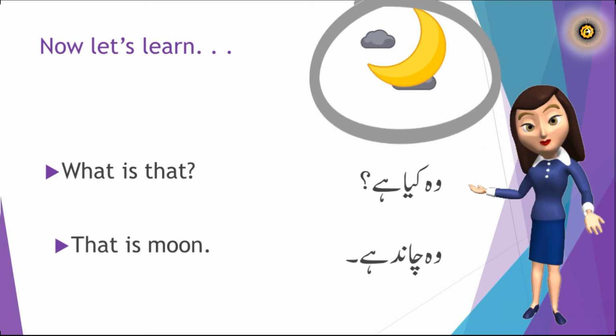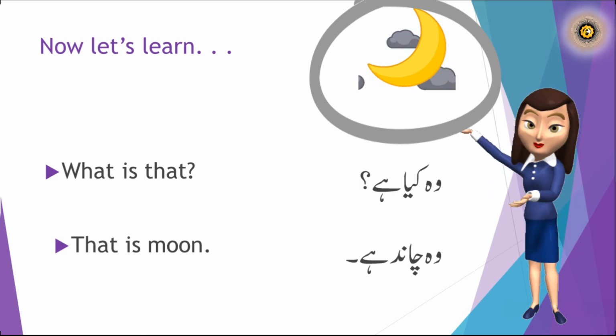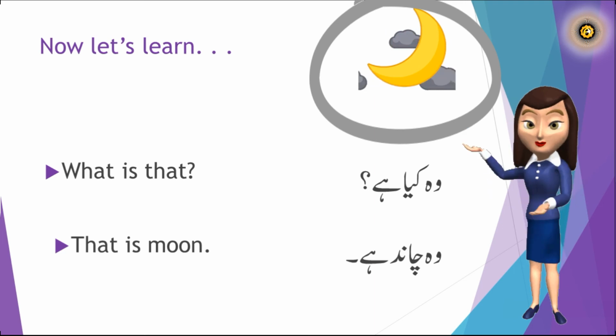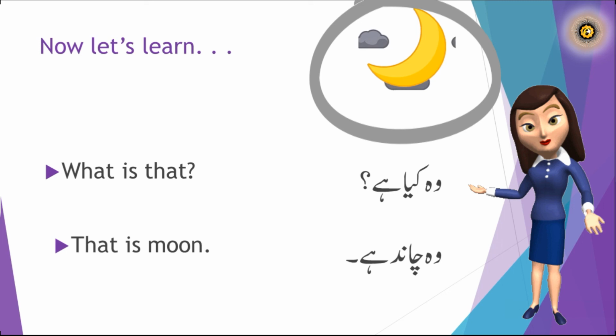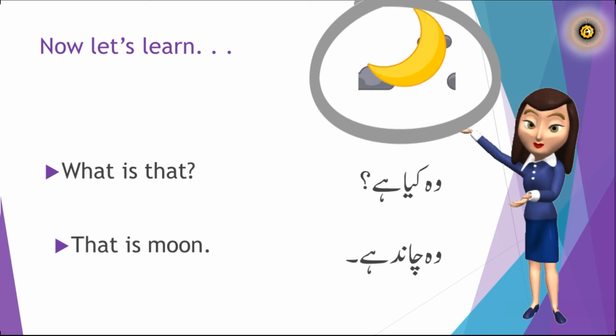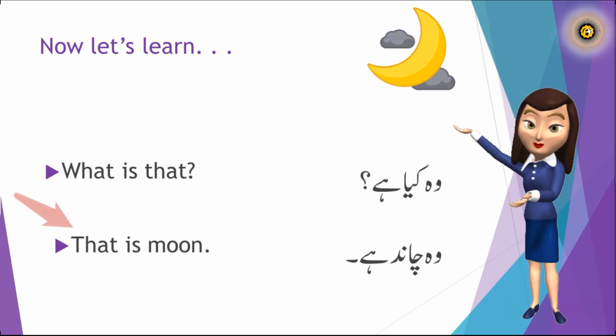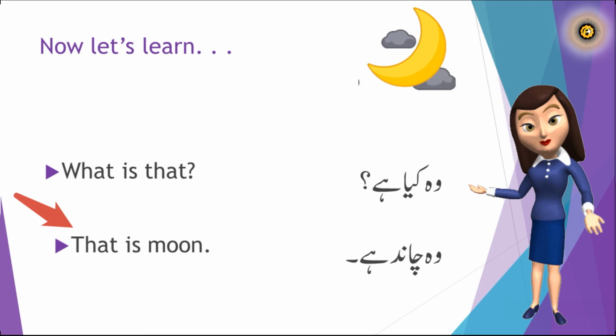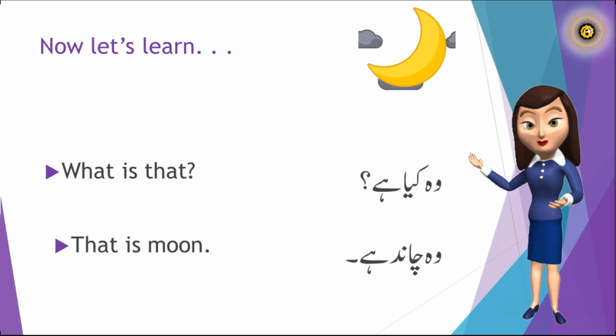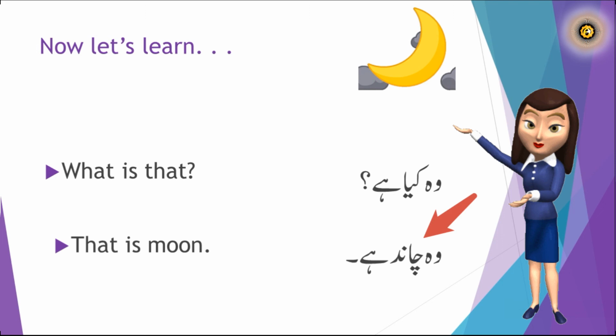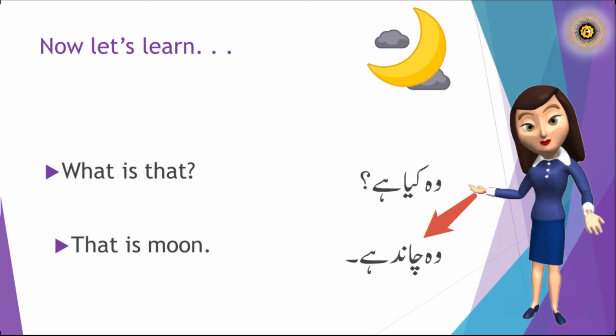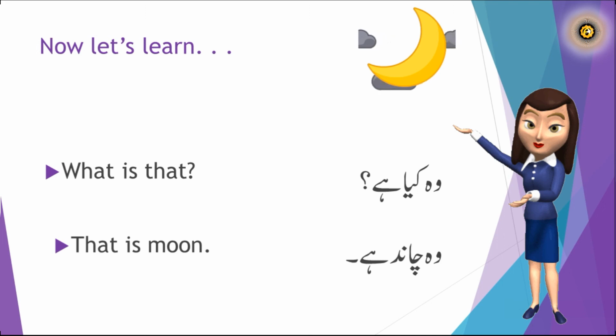In this case right now, there is moon on the screen. So we are going to say, that is moon. And in Urdu it is, वो चांद है. Repeat many times for practice, okay?